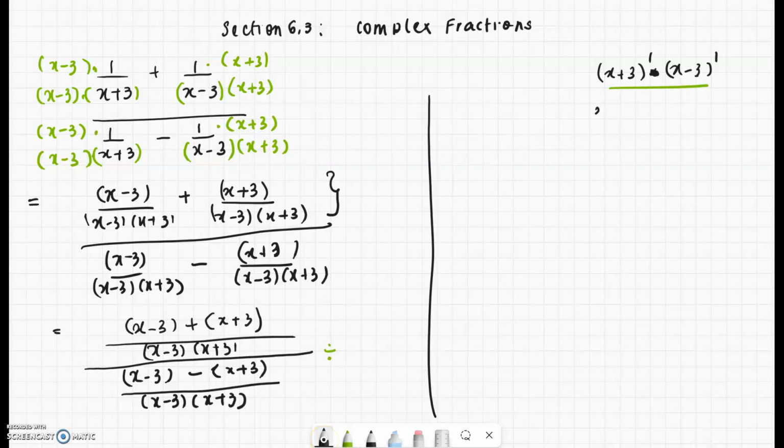So when I simplify the numerator, I get x minus 3 plus x plus 3. So the 3's cancel. Divided by x minus 3 times x plus 3 divided by x minus 3 minus x minus 3.